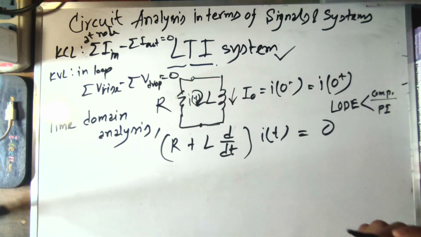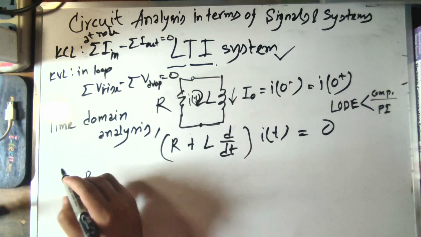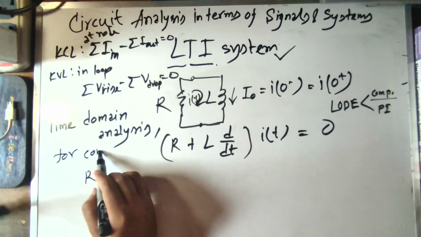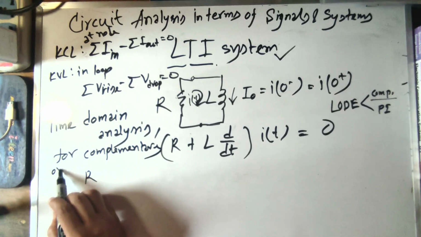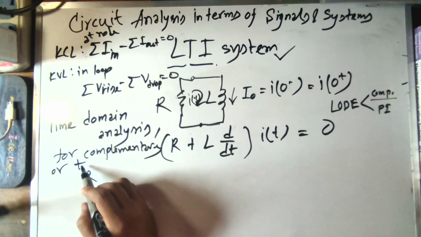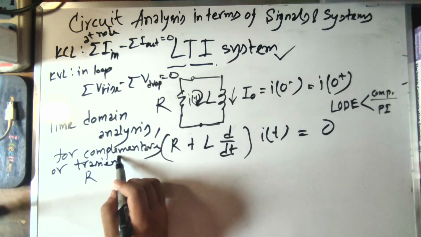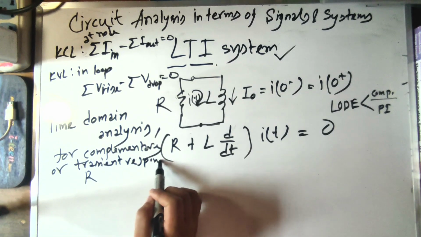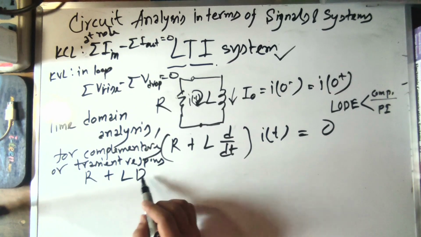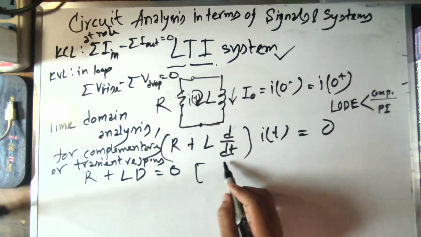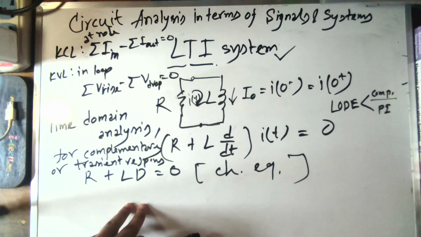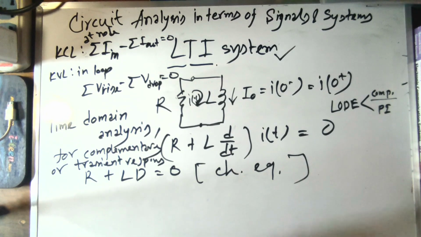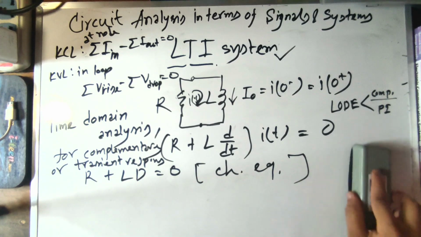For the complementary solution or transient response, R plus LD equals 0. This is also called the characteristic equation. We are going to solve the characteristic equation, which will give us the transient response.